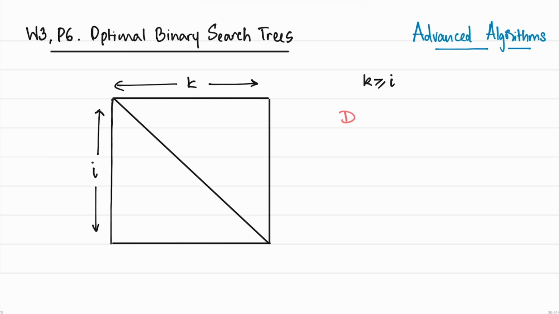So dp of I comma I is equal to f of I is what we have so far. And now you could potentially start off with this first entry here and build up the entries to the right. But that is something that will fall out naturally from the recurrence, so I don't want to do it explicitly as a part of our discussion of the base case.